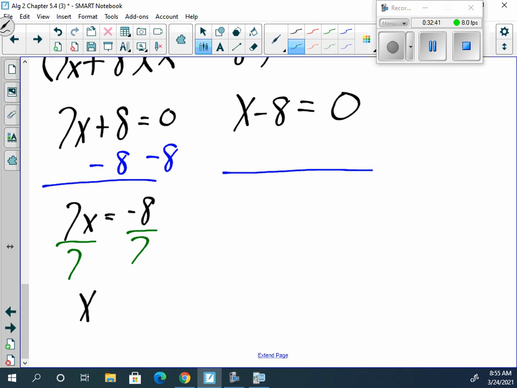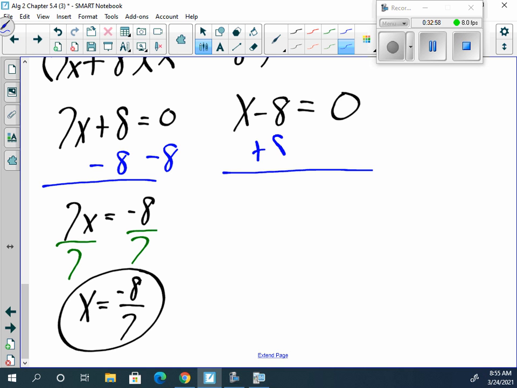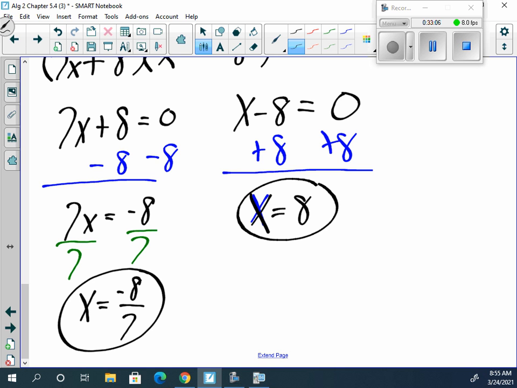We divide by 7 and get that x is equal to negative 8 sevenths. And over here, which is going to be a little bit easier, we add 8, which shows us x is equal to 8.